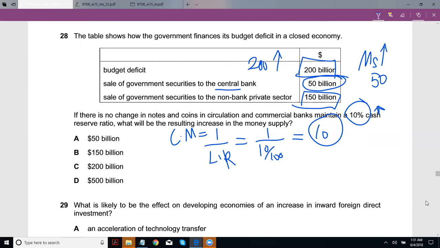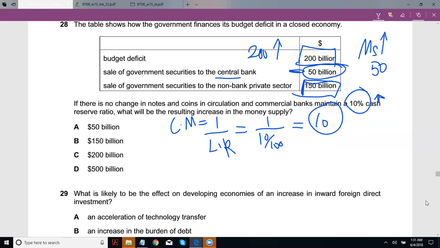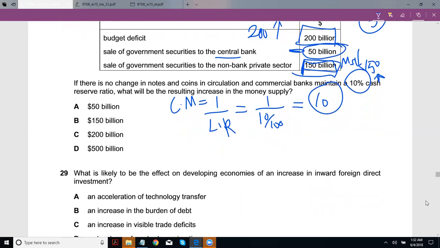If you sell to the central bank 50, this doesn't reduce your money supply. However, if you sell to the non-bank private sector, this would reduce your money supply by 150. Because of that, 200 minus 150 would give you an overall increase of 50. 50 into 10 gives you 500.